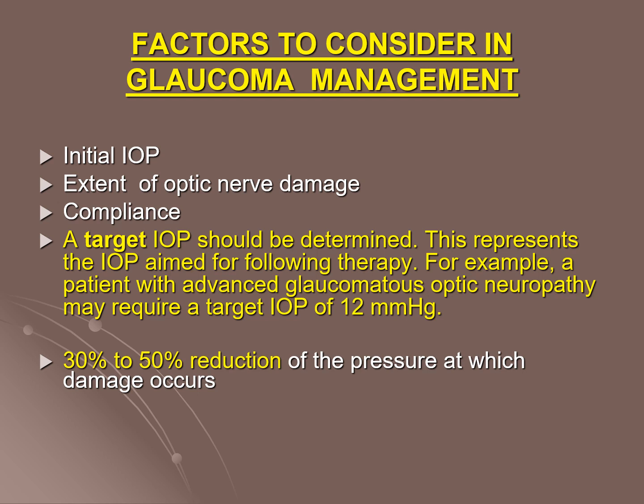No more progression is there, and you can judge the progression by the serial visual field screening or the OCT. And the 30 to 50% reduction in the initial intraocular pressure, which causes the damage, is usually sufficient to halt the progression of the disease. That is the target pressure normally.